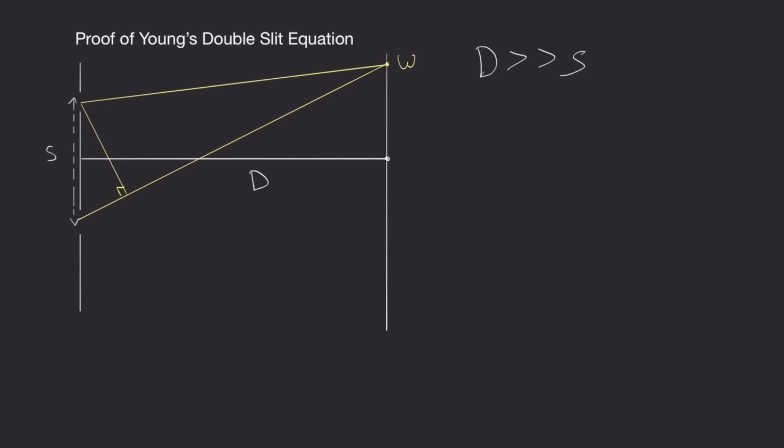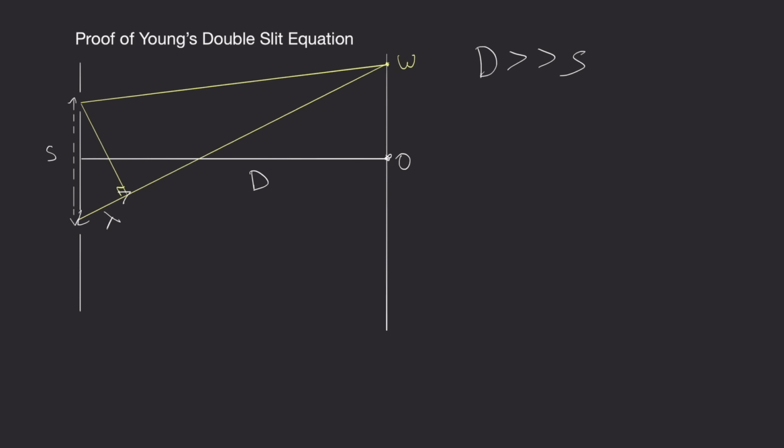Let's say that this here is the central maximum and this here is the first maxima that we can see after the central maxima. So the path difference in this case should be exactly equal to the wavelength. And the two rays are going to differ by this distance over here.